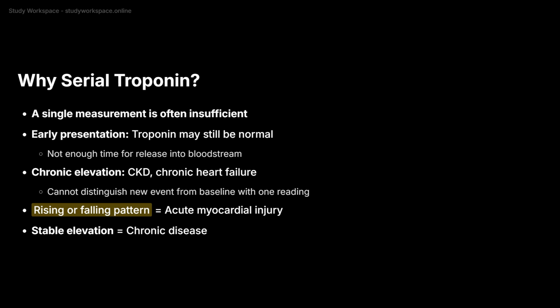If only one measurement is available, it becomes difficult to determine whether the elevation represents a new heart attack or a long-standing abnormality. That is why serial measurements are essential. A rising or falling pattern indicates acute myocardial injury, whereas a stable elevation is more likely to represent chronic disease.